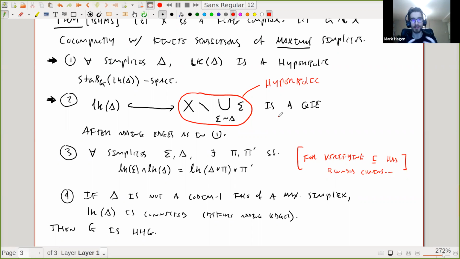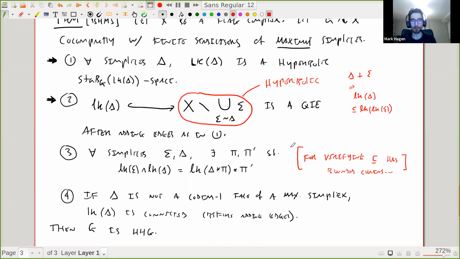Nesting is just containment of links. Orthogonality, I won't write it down. Well, I will write it down just over here. Delta orthogonal to sigma means that the link of delta sits inside the link of sigma. And so those are your relations.